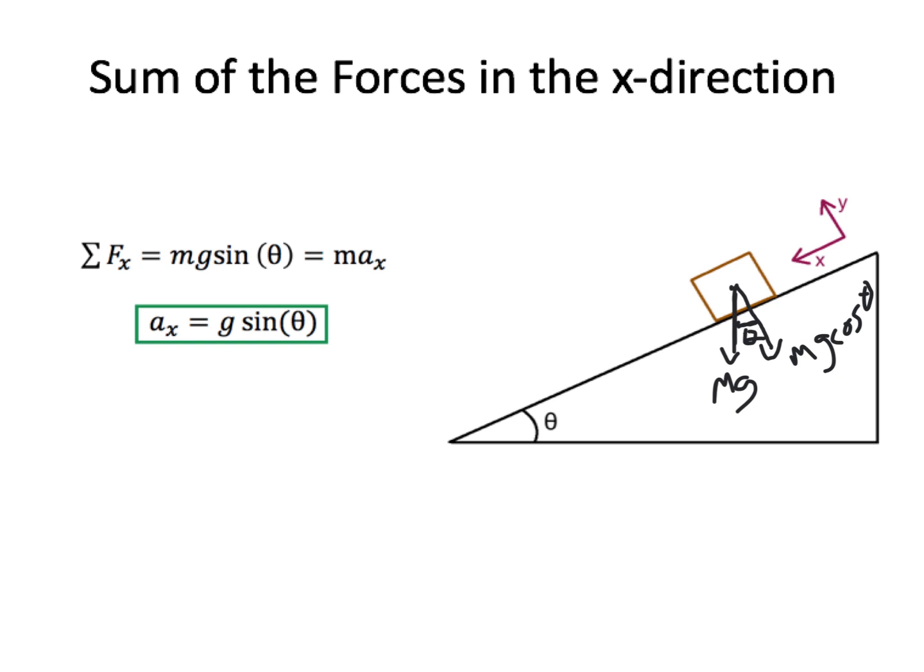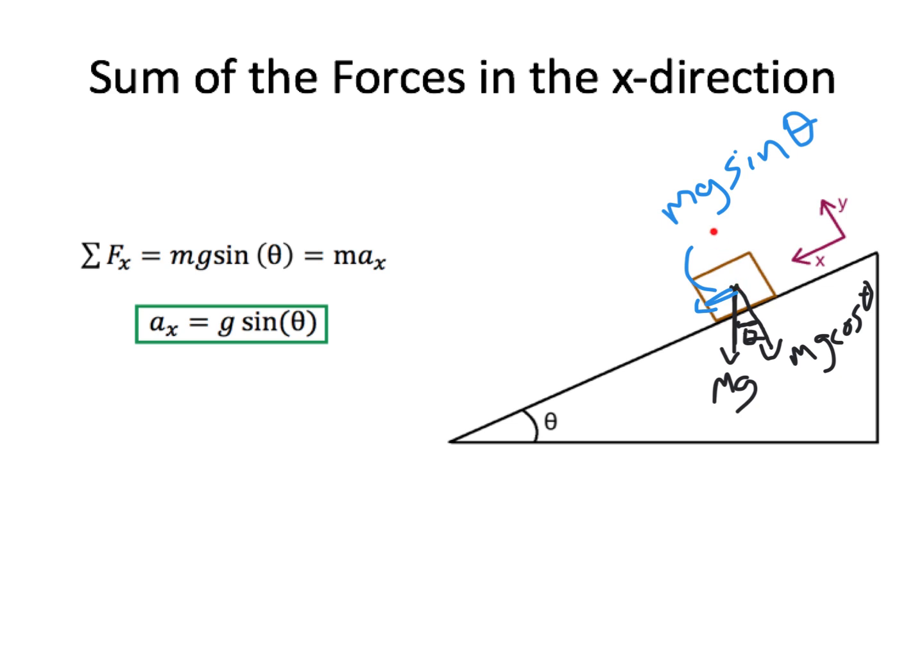Now normally, what I would do is I would draw this guy down here, and that would be the x component, but instead I'm going to scoot it up here, and I'm going to draw it up here parallelogram style. And so this guy in blue here, that would be mg sine of theta, and that's the component of the weight that is pointing in the x direction. And so it's the only force that's pointing in the x direction.